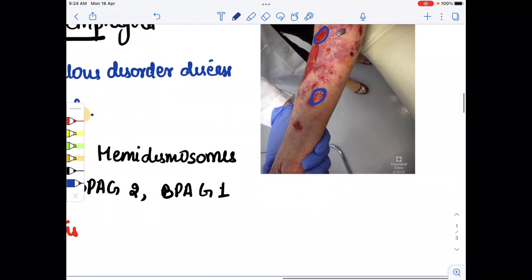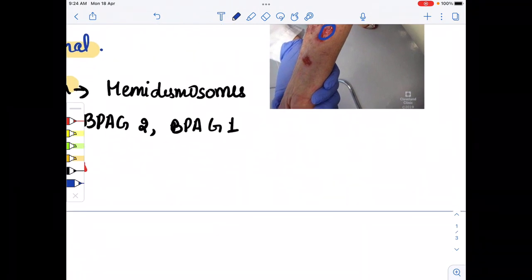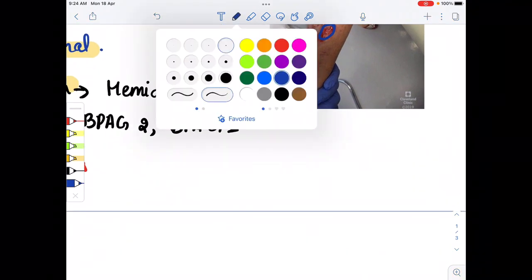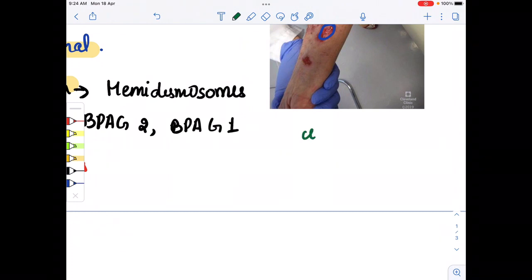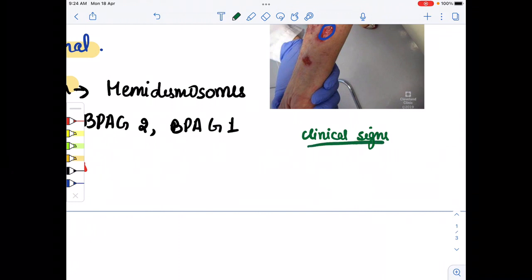In the clinical signs, please remember, Nikolsky sign is absent, means Nikolsky sign is negative.